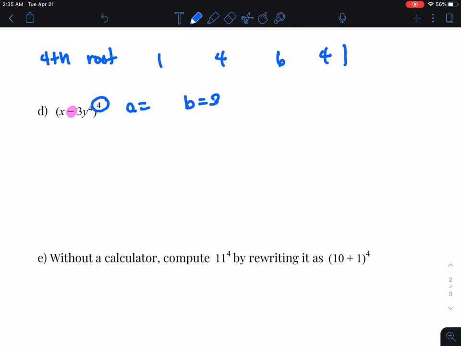So we'll go 1, -4, +6, -4, and 1. Okay, so this is actually 3y to the 4th. Our A is x. Okay, positive. So we'll do the same thing.